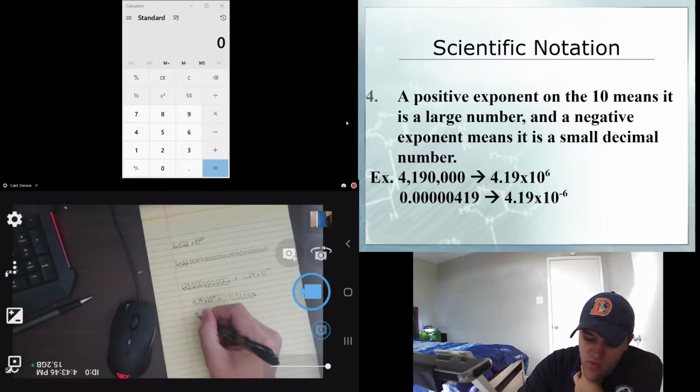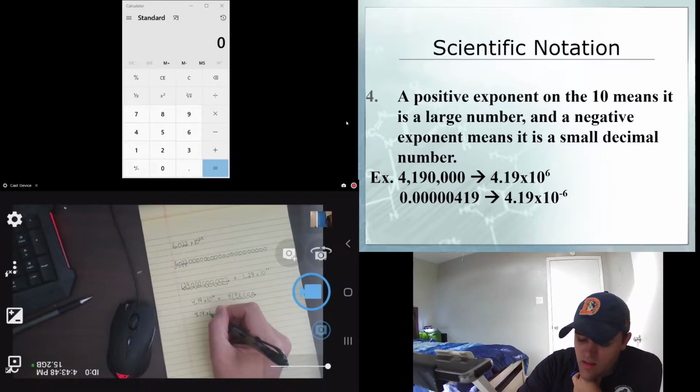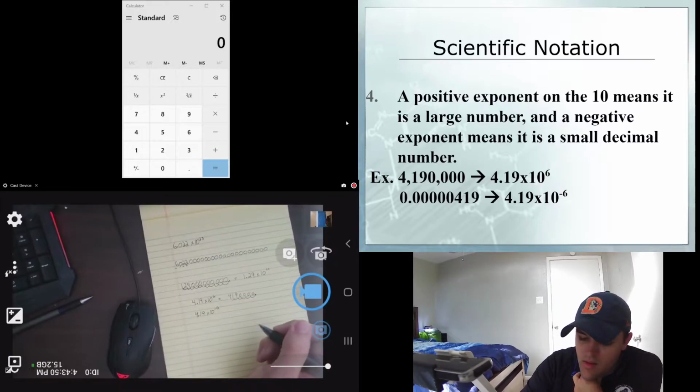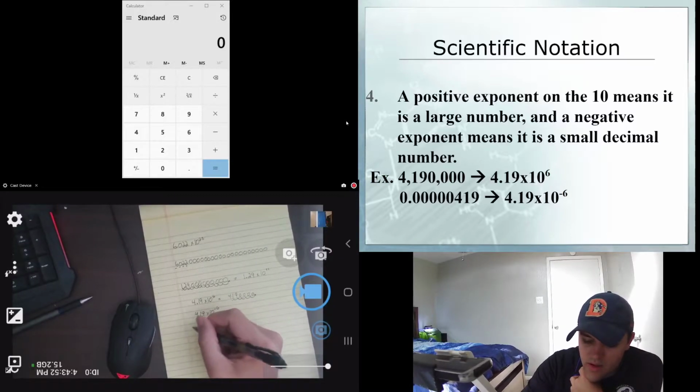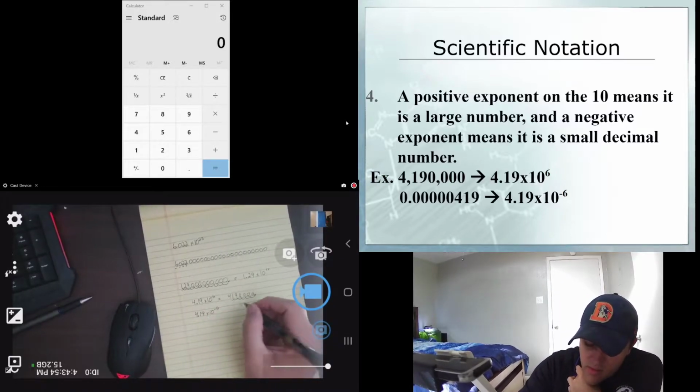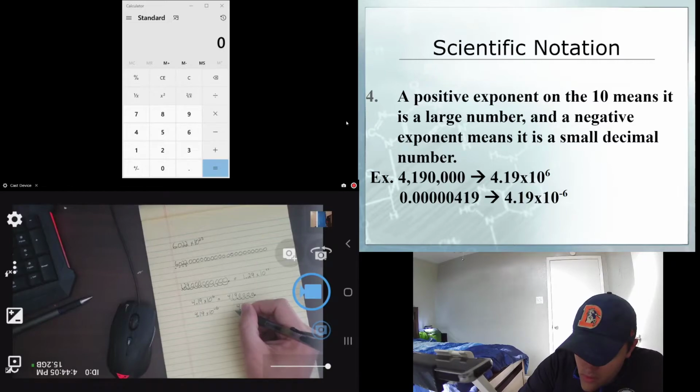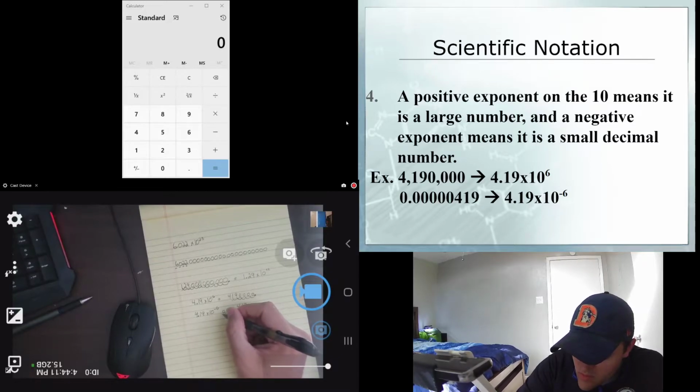And if it was 4.19 times 10 to the negative 6, we move the decimal point the other direction. So this time, if we start here with our decimal point, it moves to in front of the 4, then there, and there's room for another 0. That's 2 jumps, 3 jumps, 4 jumps, 5 jumps, and 6 jumps.